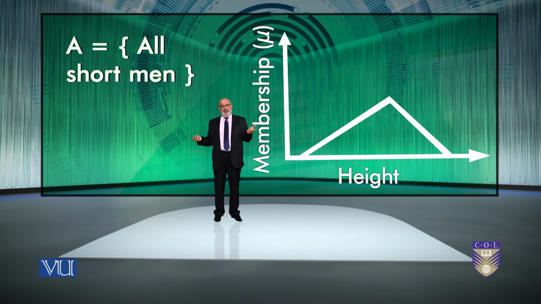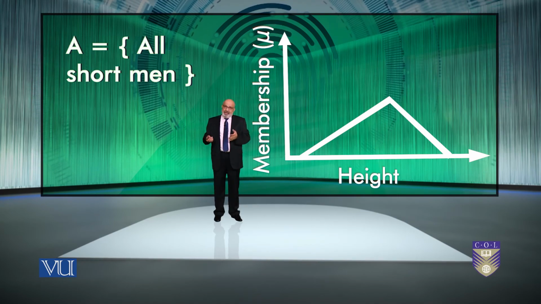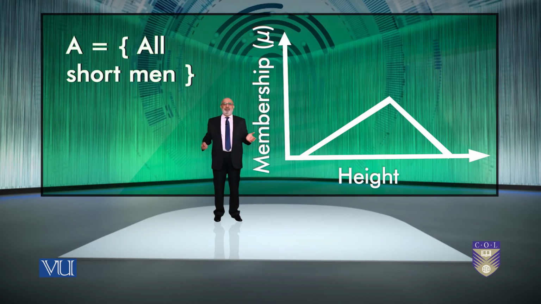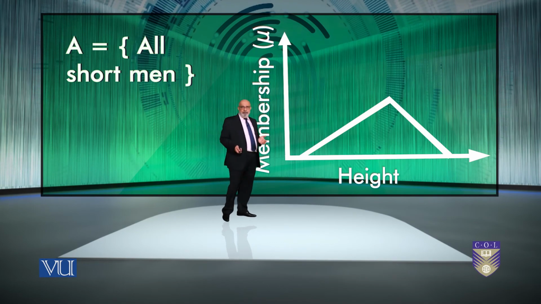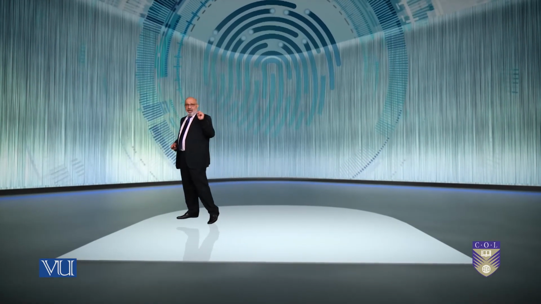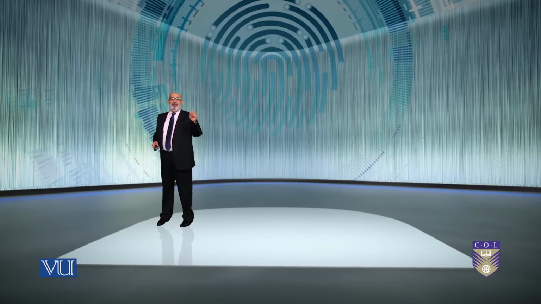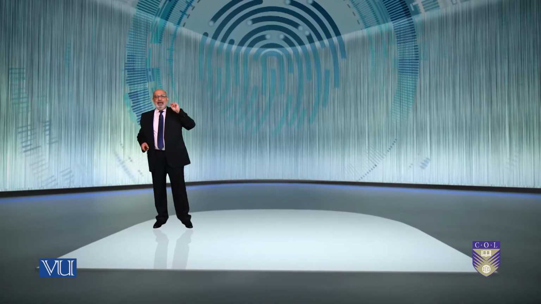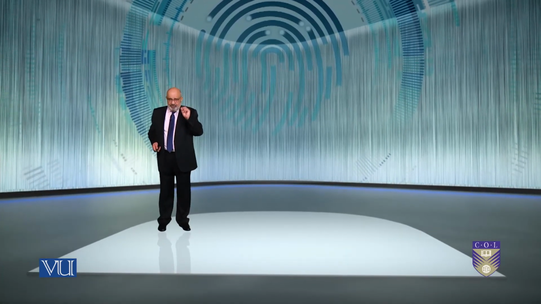You take the height of tall men, you will see the same thing. Likewise, the taller men would have little or zero membership in the function of short people, whereas they would have significant membership in what we call set B, the tall men.